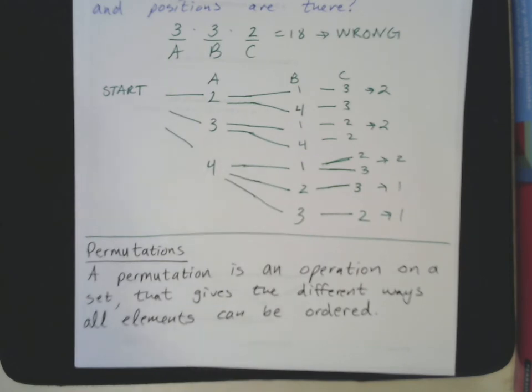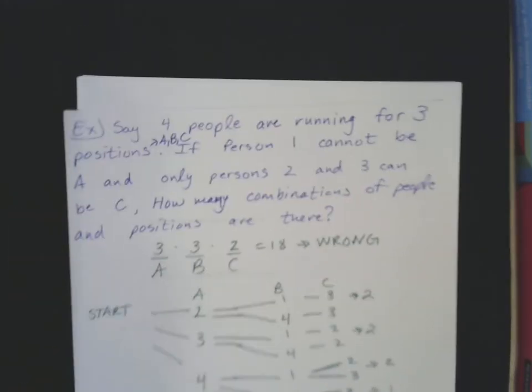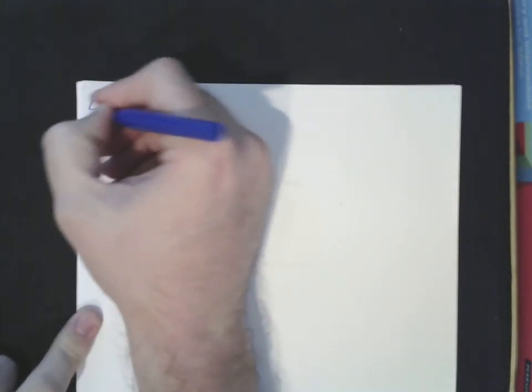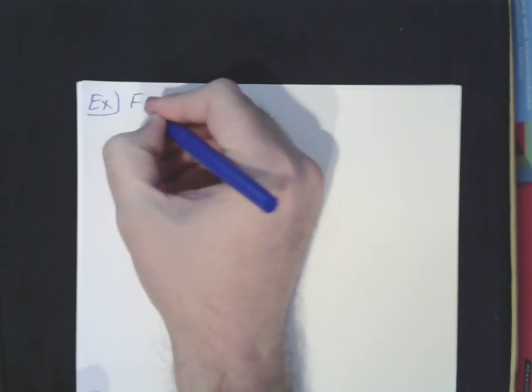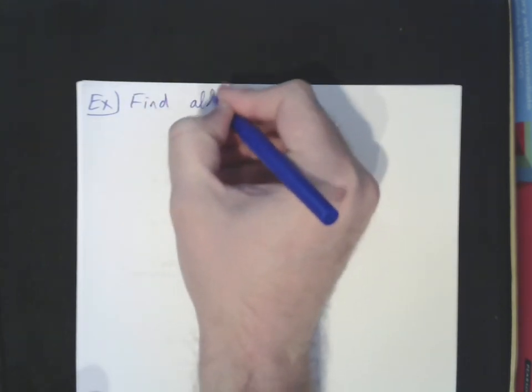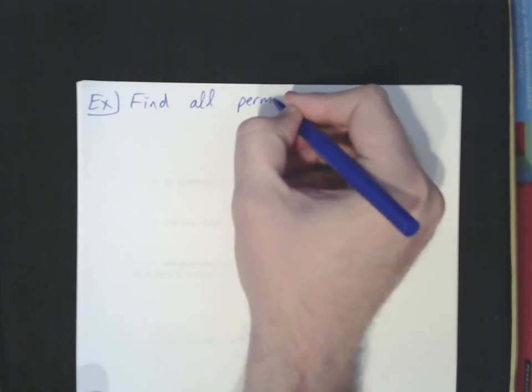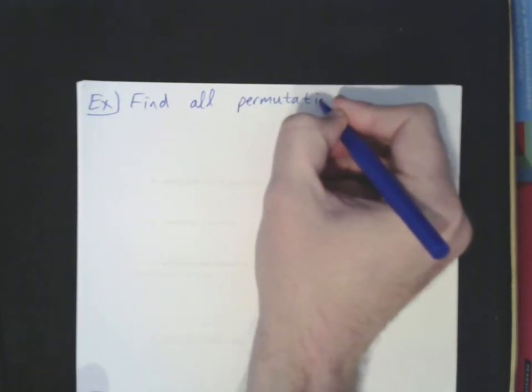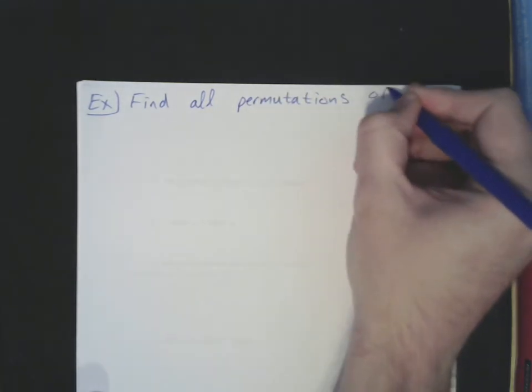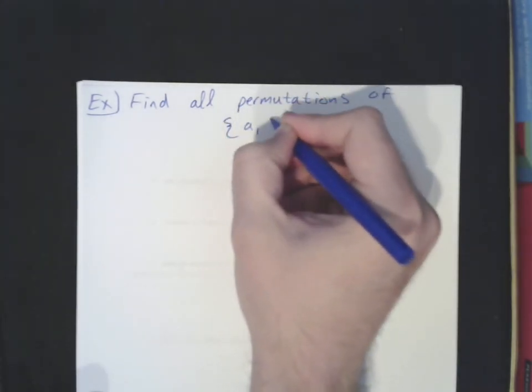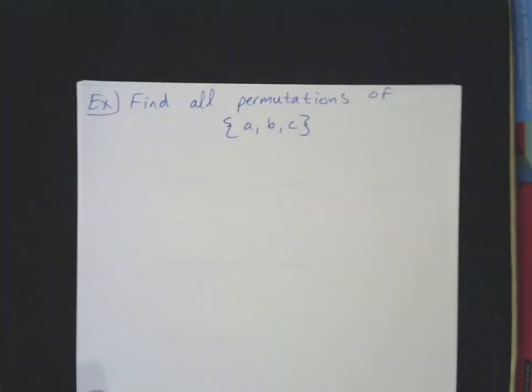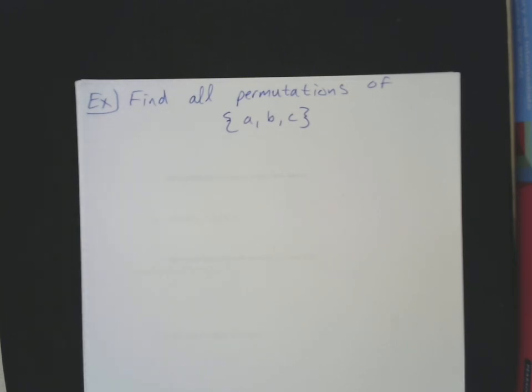Now, we've been doing permutations. You've been doing permutations basically all your life. Have 7 things. How many groups of 6 can you make? How many groups of 3 can you make? That kind of stuff. So let's look at a quick little example to remind ourselves. So find all permutations of the set A, B, C. In other words, how many ways can we organize a 3-element set?